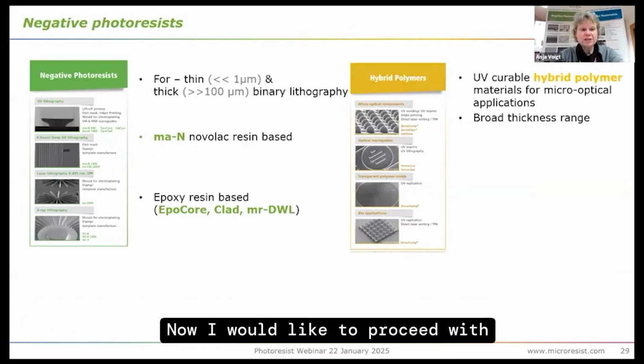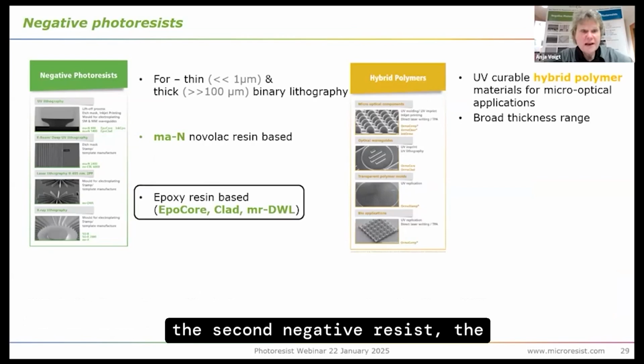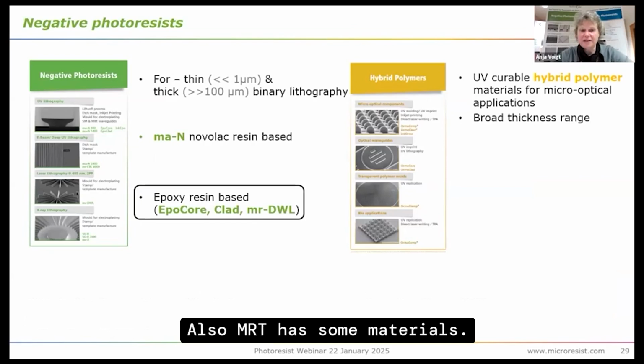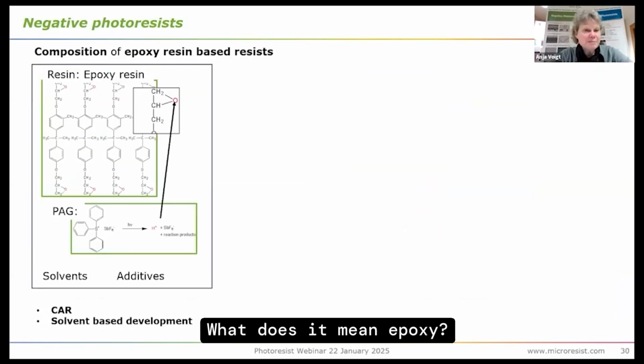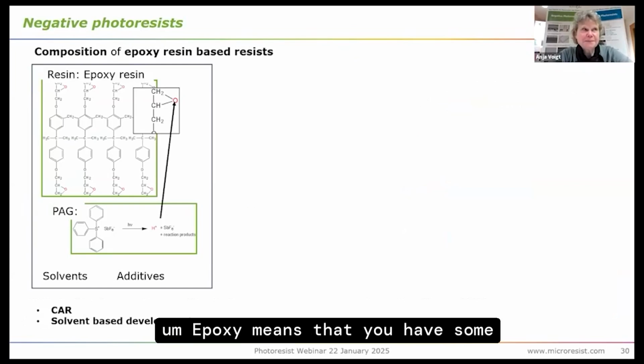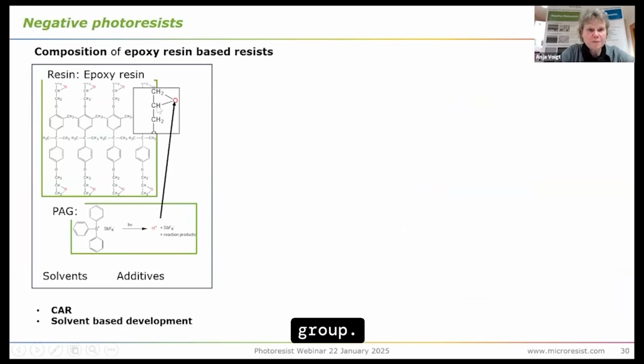Now I would like to proceed with the second negative resist, the epoxy resin-based resist, where MRT also has some materials. What does epoxy mean? Epoxy means that you have some kind of polymer having the epoxy group.